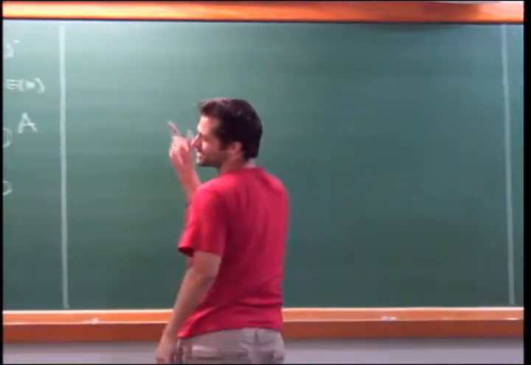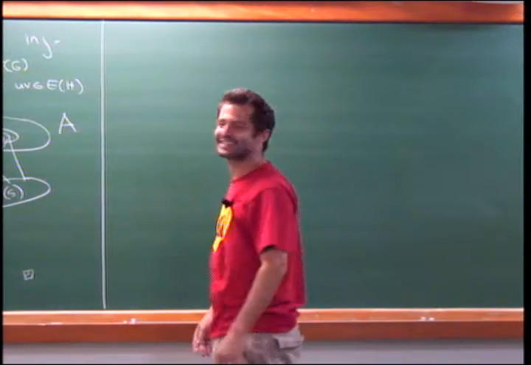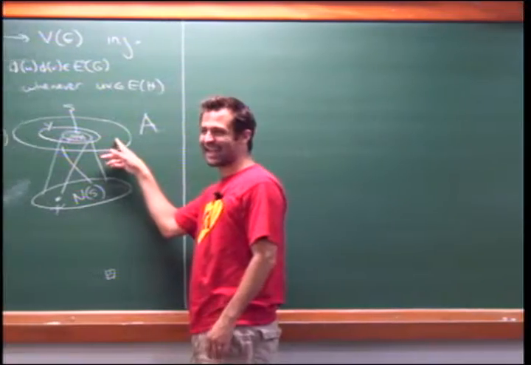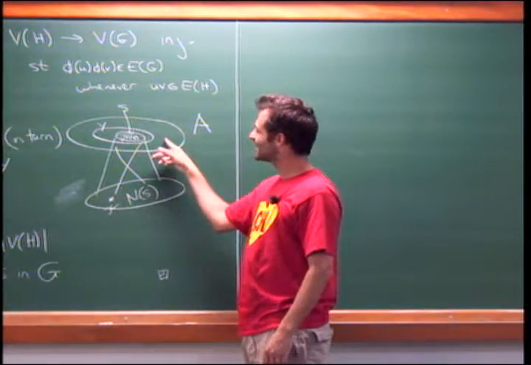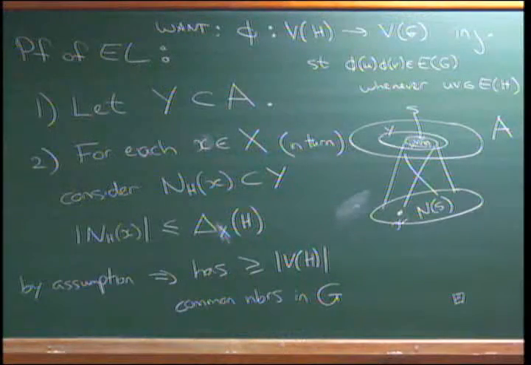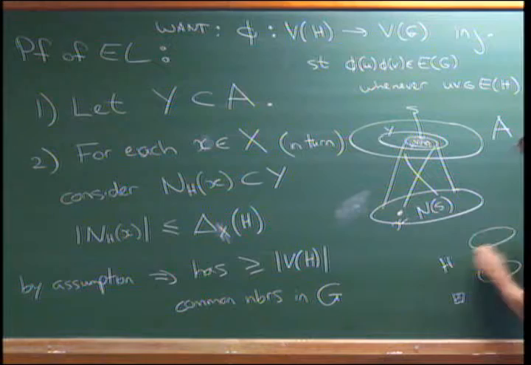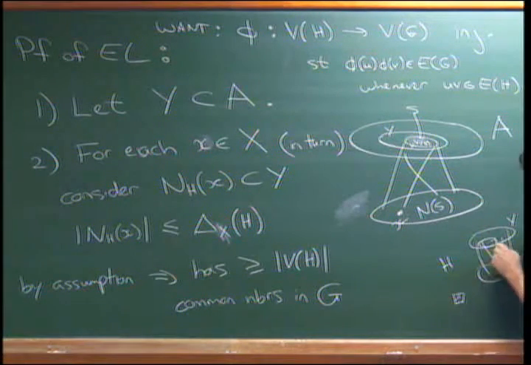So, I'll say just the same thing one more time. I don't know a different way to explain it. There you have a set A, which is big and has a nice property, and we want to embed H. So H looks like, this is H, it's got a Y and an X, and then some edges.